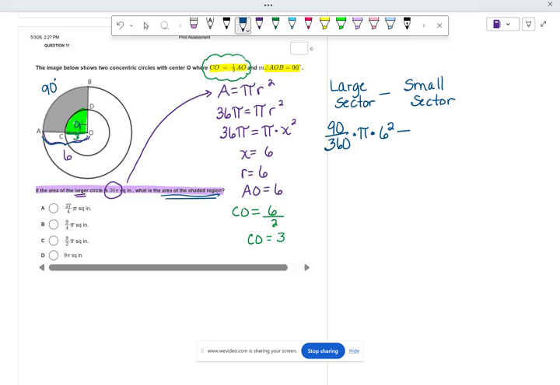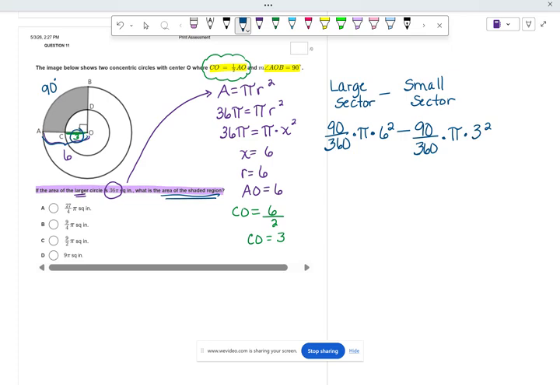Its central angle is 90, so its arc measure would also be 90 over 360 times pi times its radius squared. The radius of that little small sector is 3. So we're going to put times 3 squared.